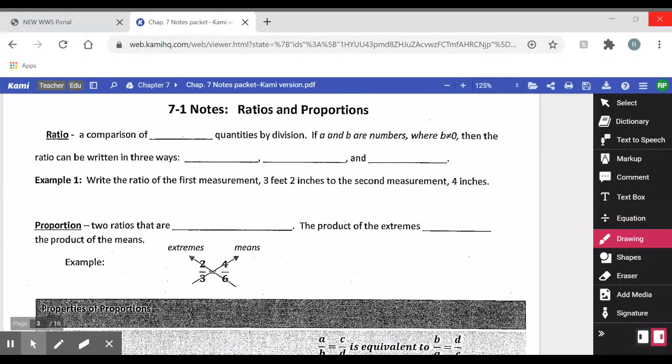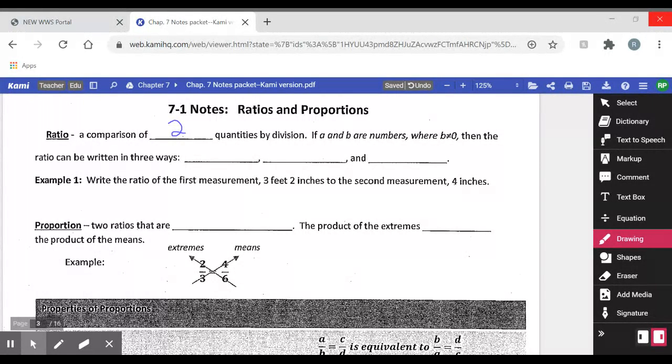So if we're going to talk about proportions, we first need to review ratios and proportions, and that's what Section 7.1 is. A ratio is a comparison of two quantities by division. This section should be a lot of review. You should be familiar with this, but again, a good review here is going to help you with the rest of the chapter.